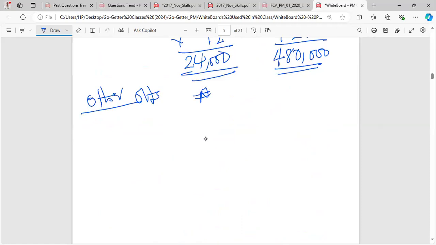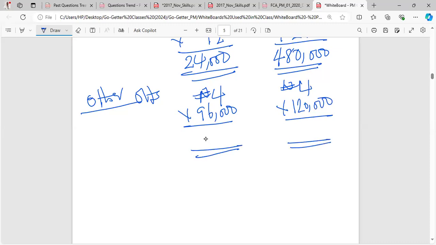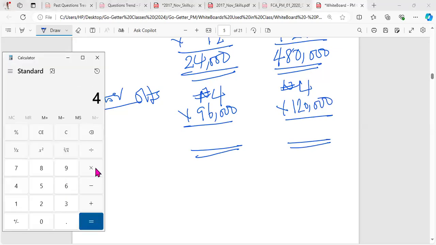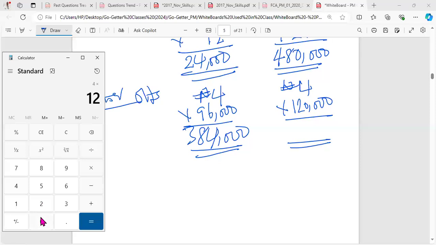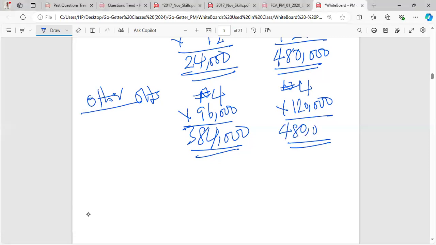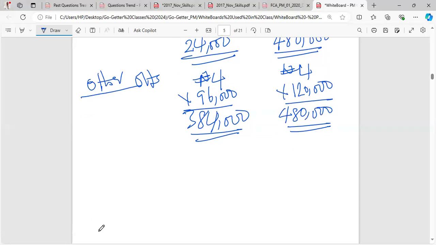So this is 4 multiplied by 96,000 and 120,000. 4 times 96,000 gives us 384,000. Then 4 times 120,000 gives us 480,000.